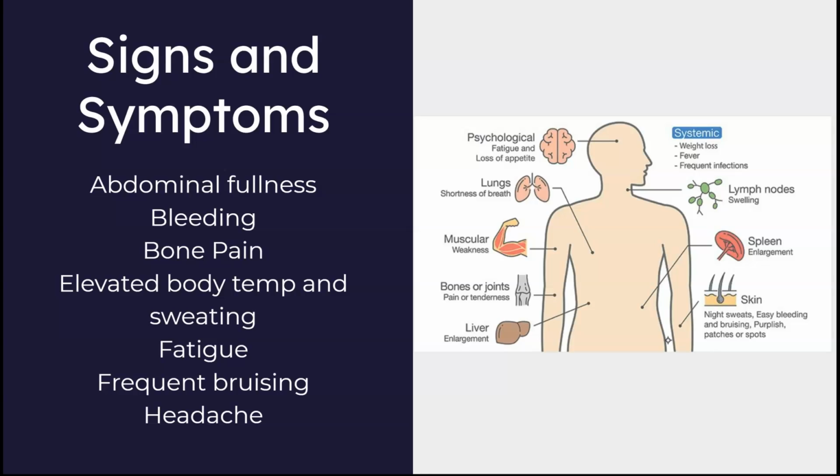Frequent bruising and usually bleeding from the gums because the body's not able to make enough platelets to be normal, swelling in the lymph nodes. So a lot of these issues especially could be taken as an infectious process. But without further investigation to find out what's going on, it would be hard to say one way or the other. And a lot of people would ignore a lot of these issues until it becomes so bad that they go to the doctor, and who knows at what stage their cancer is at that point.